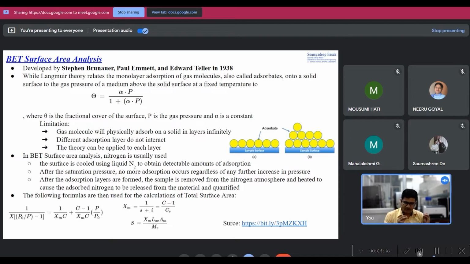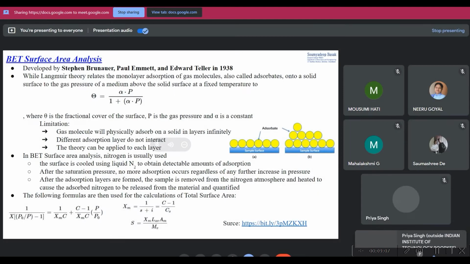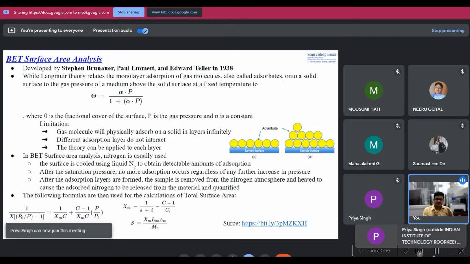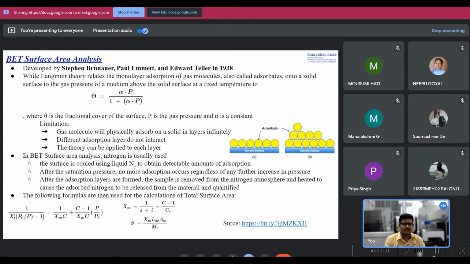What BET theory states is that the surface is cooled to liquid nitrogen temperature, an extremely cold temperature, and nitrogen gas is pumped into the chamber. Using the following considerations and equations, they minimize the factor of multiple layers of gas molecules being adsorbed, and using these formulas gives a nearly perfect measurement of the porosity of the material.